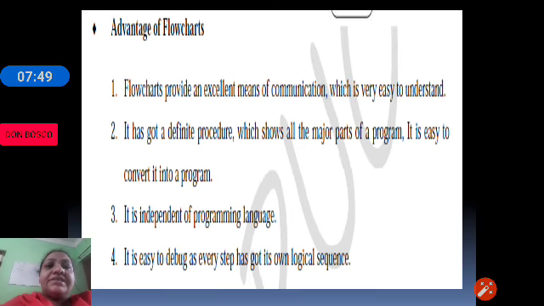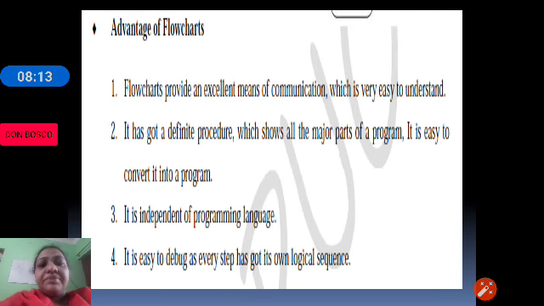It has a definite procedure where it shows all major parts of the program, and it is easy to convert the program. As you have seen, first we write an algorithm, the same algorithm we translate to a flow chart, and the same flow chart we translate to a program. So it is easy to convert.